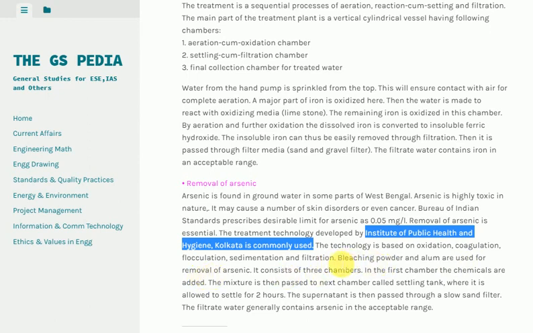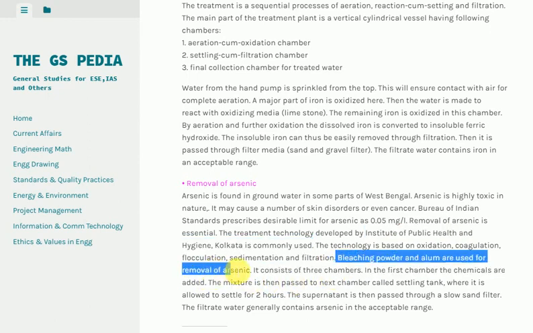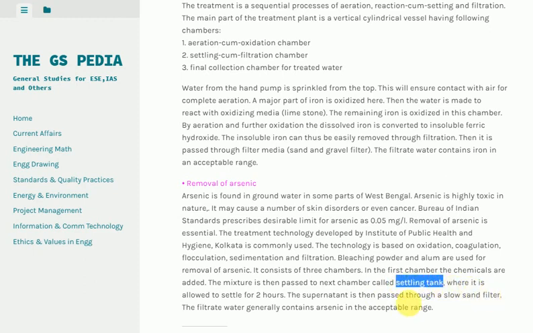In the first chamber the chemicals are added. The mixture is then passed to the next chamber called the settling tank, where it is allowed to settle for 2 hours. The supernatant is then passed through a slow sand filter. The filtrate water generally contains arsenic in the acceptable range.